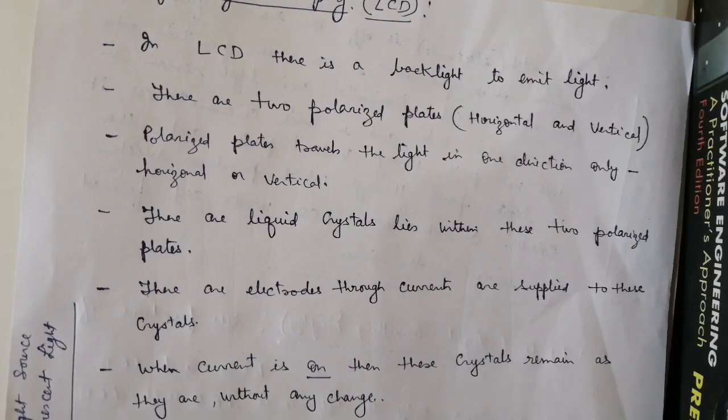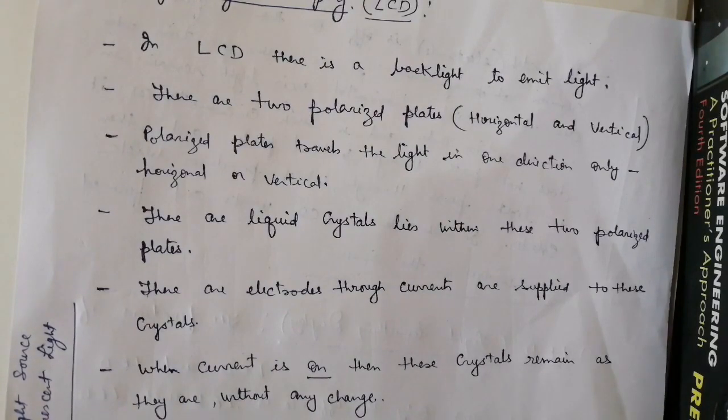But when we do not supply current through the electrodes, only then do the crystals rotate the light by 90 degrees.